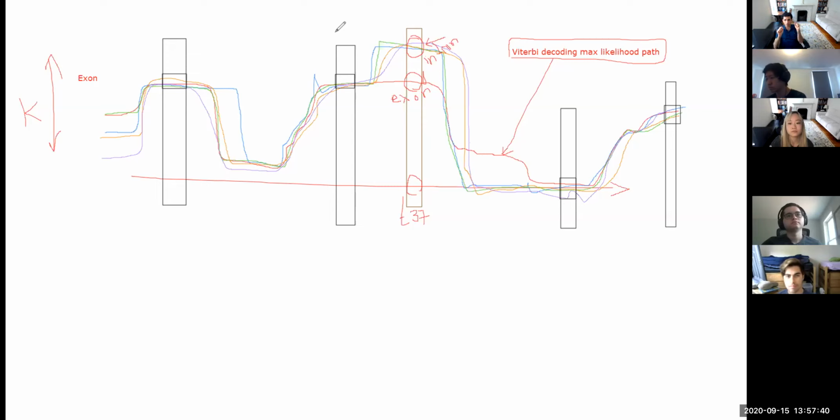What Viterbi decoding does is tell me the state at every position that the best path, the maximum likelihood path, went through at that position. That's Viterbi decoding. What posterior decoding tells me is the state with maximum total probability summed over all paths at every location. Okay?